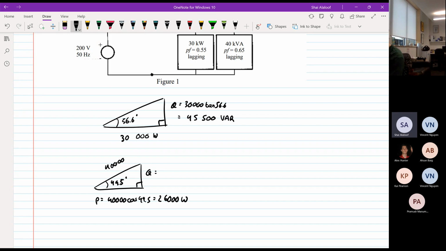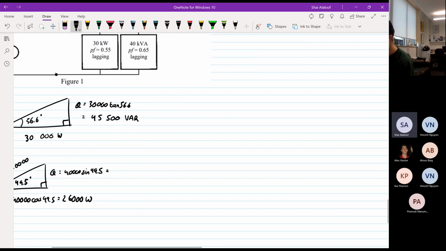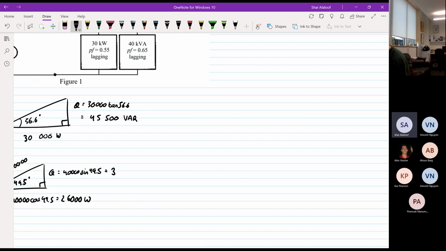Similarly, if you use sine, it's 40,000 sine 49.5, or you can just use Pythagoras, whatever you want. It's about 30,416.